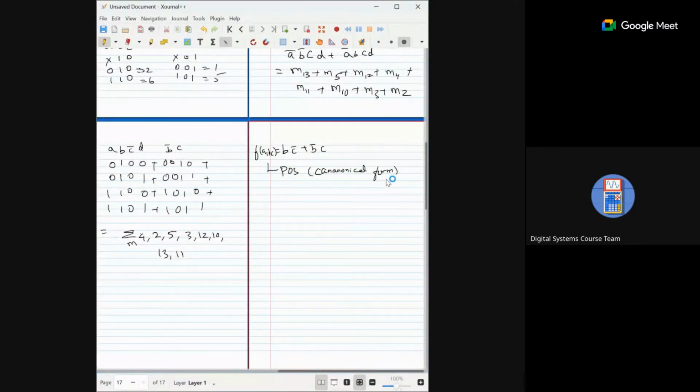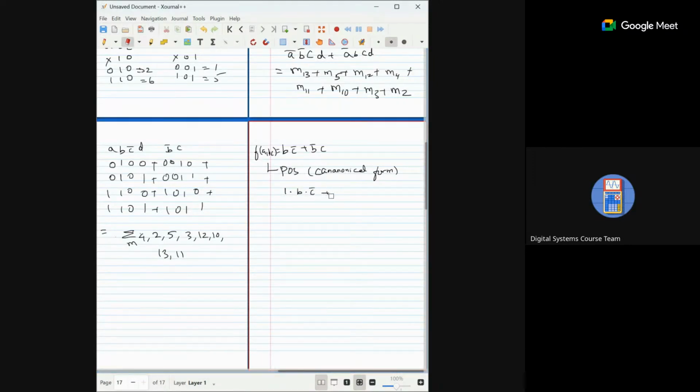What will be there? Multiplied by A plus A bar and D plus D bar. So you're supposed to do 1 dot B dot C bar.